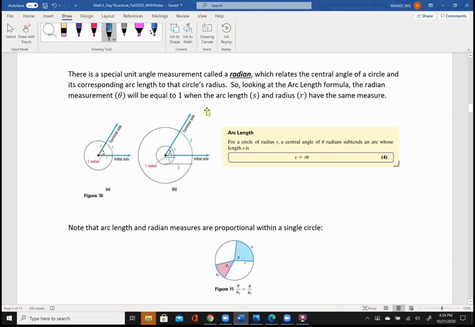You can use the symbol theta for radian measurements of angles or degree measurements of angles, not to make things even more confusing. So arc length is going to be S, radius is R, and when they're equal to each other, we have 1 radian being represented there. Okay, great.